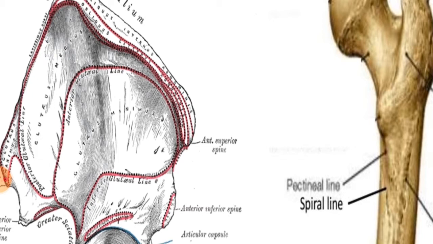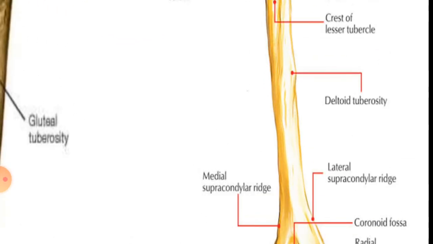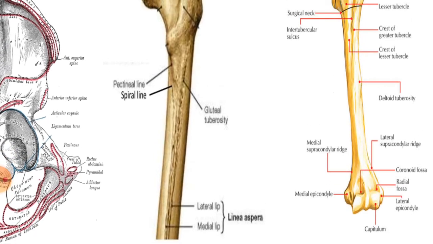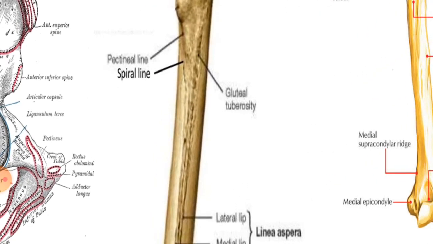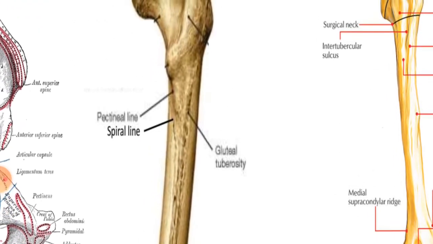Then comes the ridges, and these ridges इनमें से हमने already linea aspera को discuss किया हुआ है, and we know that the linea aspera is a longitudinal line. This is the linea aspera, and there is also a pectineal line.